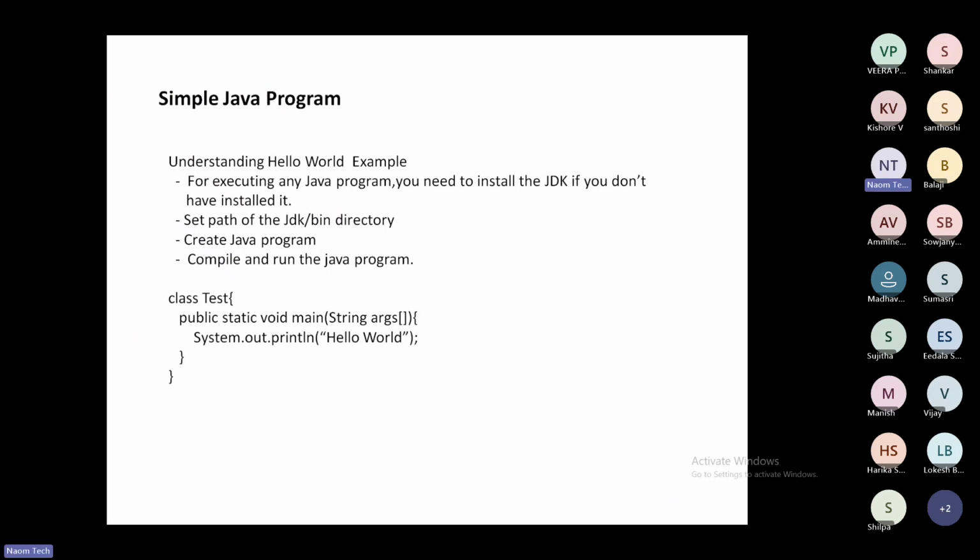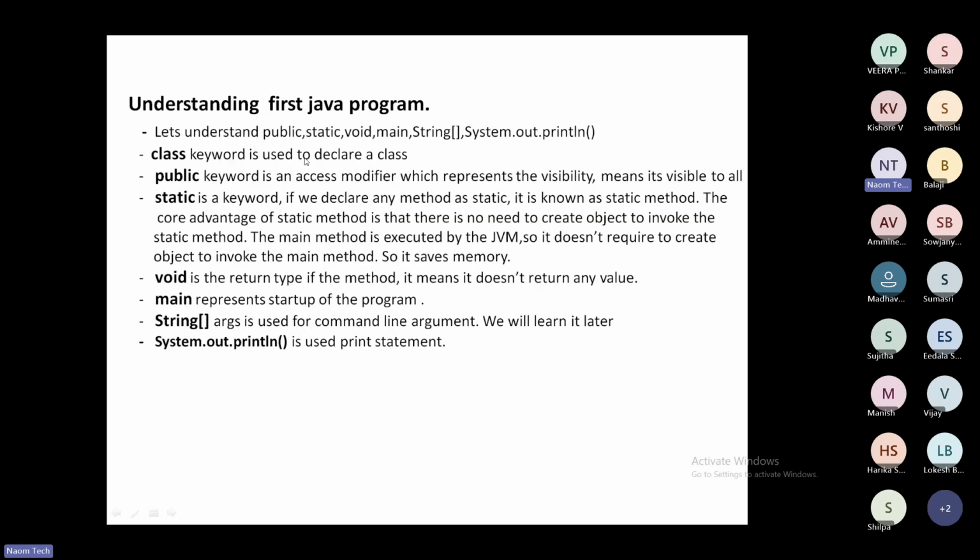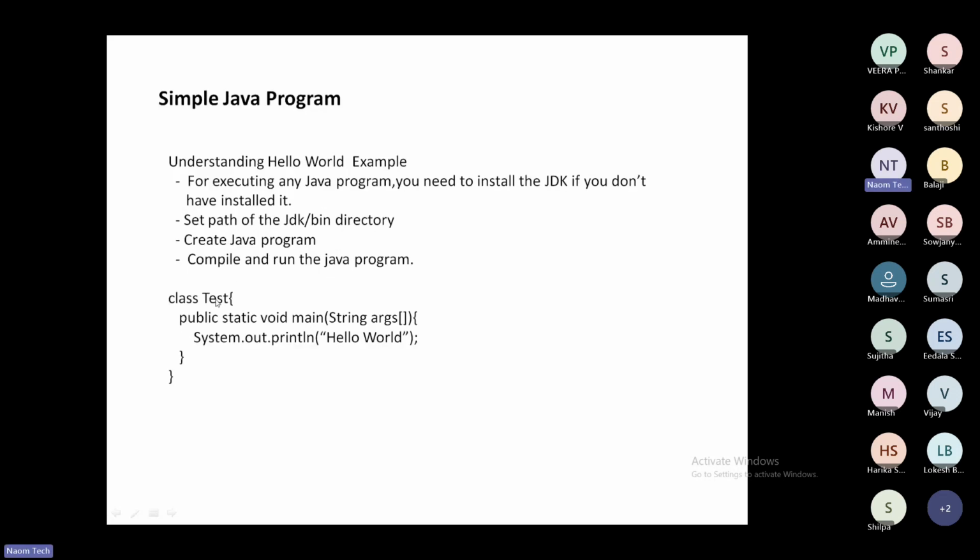If you want to declare a class, the very important thing is you need this class keyword. The class keyword is used to declare a class. Then the class name, and the naming standard I told you yesterday: each word's starting letter of the class name should be uppercase. Each word's starting letter, not everything. Public is an access modifier here.